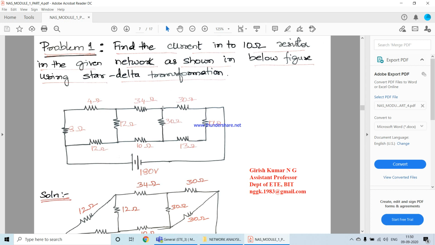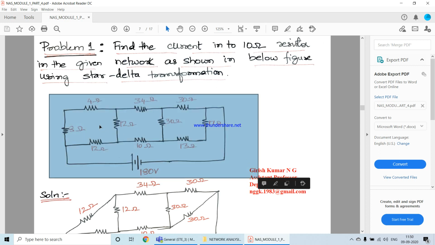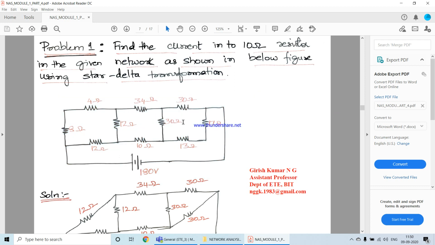This is the network given in the question: 4 ohms, 34 ohms, 30 ohms, 8 ohms, 12 ohms, 30 ohms, 17 ohms, 12 ohms, 10 ohms and 13 ohms, and then 180 volts is the voltage applied across this network. Now he is asking you to find the current flowing through that particular 10 ohms.